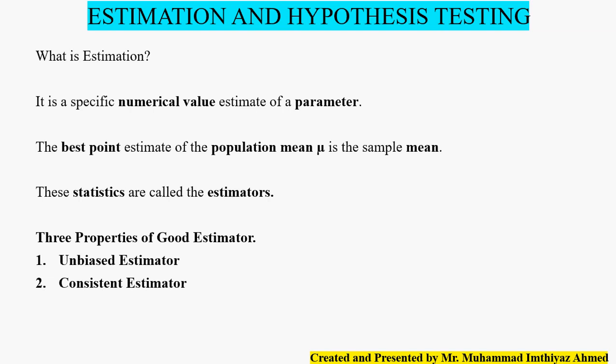Consistent estimator is regarded as a sample size increases, the value of the estimator approaches the value of the parameter estimated. Efficient estimator is considered the relatively efficient estimator has the smallest variation. So I hope meaning with regard to estimation is clear.